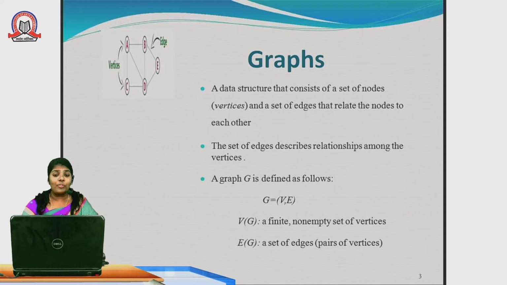So a graph G is defined as follows: G equal to (V, E), where V denotes vertices and E denotes edges. V of G is a finite non-empty set of vertices, E of G is a set of edges, which are pairs of vertices.